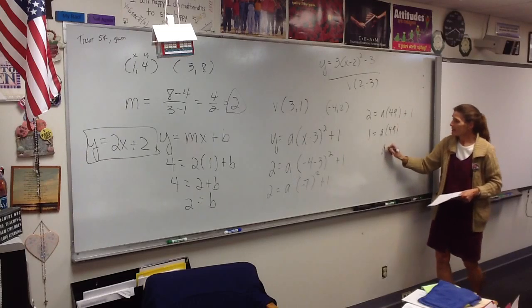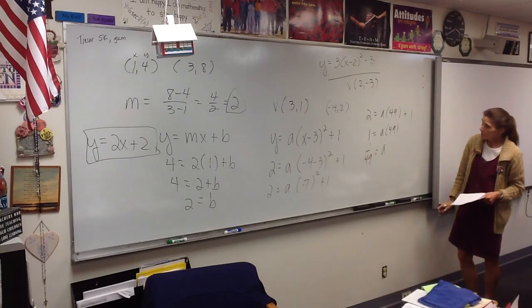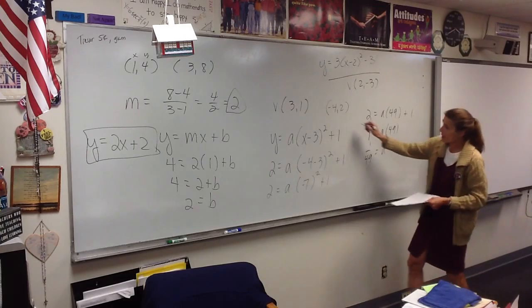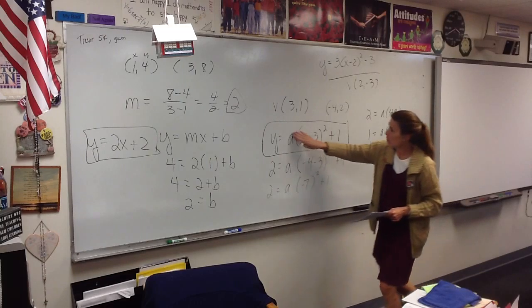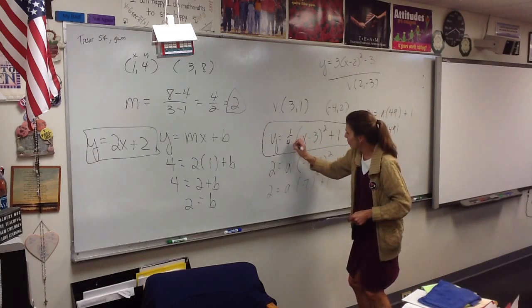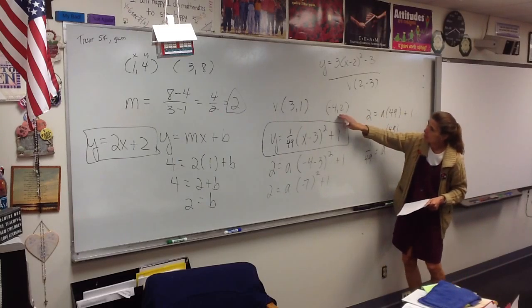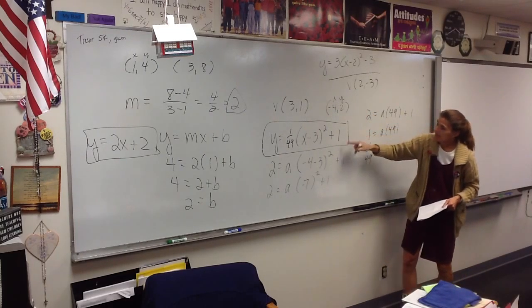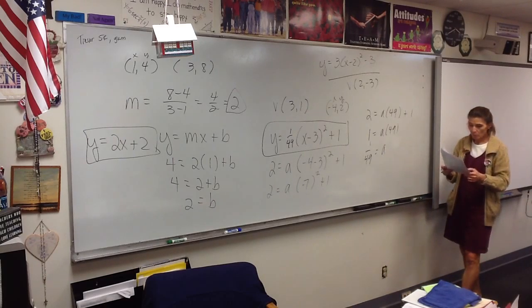So A is 1/49. So the equation of the parabola would be right here, only this is 1/49. I just figured that out by plugging this point, this x and y, into my equation. I figured out A is 1/49.